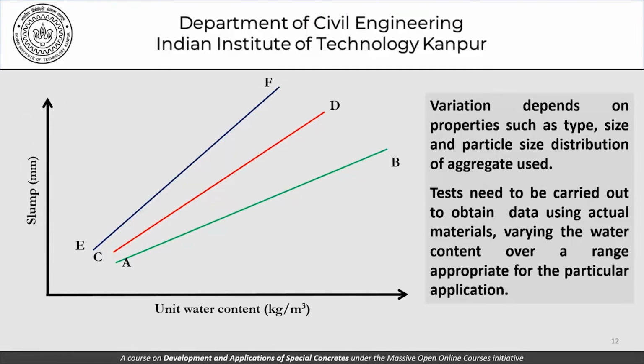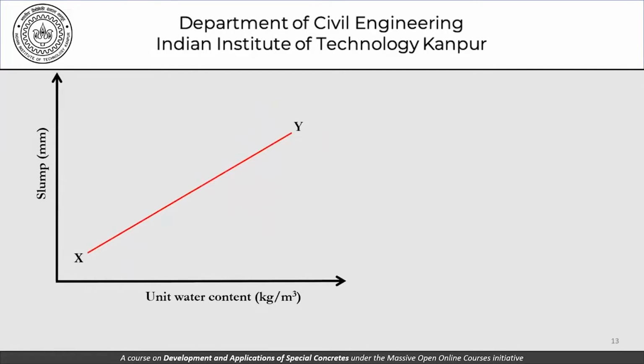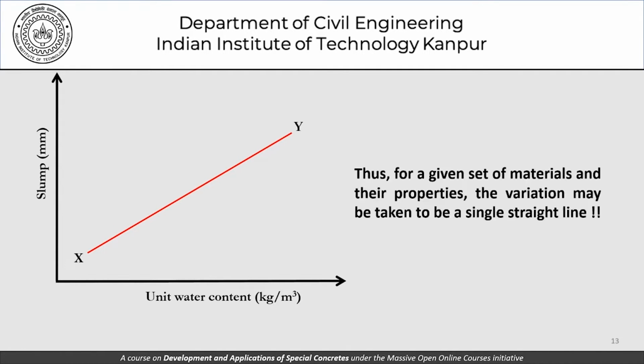Primarily, it depends on what kind of aggregates, and the particle size distribution of those aggregates, the sand and the coarse aggregate. Of course, for a given project, for a particular construction, we need to carry out tests in order to obtain this unit water content versus slump relationship in a range which is more relevant for that particular project. Having said that, let's assume that for a given set of materials and their properties, the variation has been determined and found to follow this line xy, which has a certain slope.